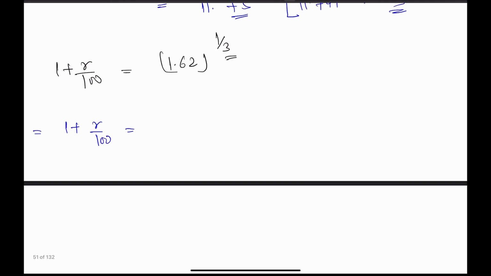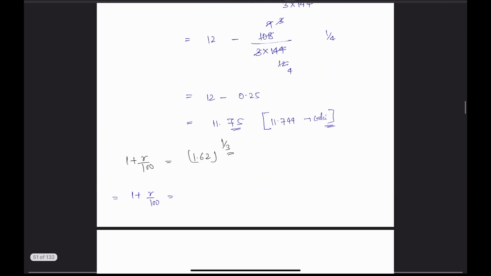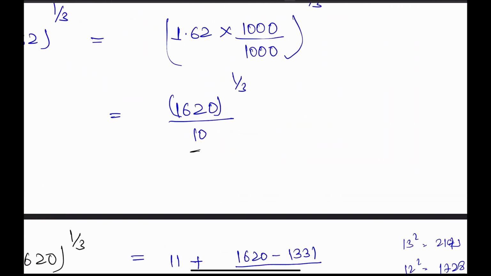So yeah, one thing, don't forget that this is what we have calculated, it should be divided by 10. Okay, the value which we will get is 11.75 divided by 10.